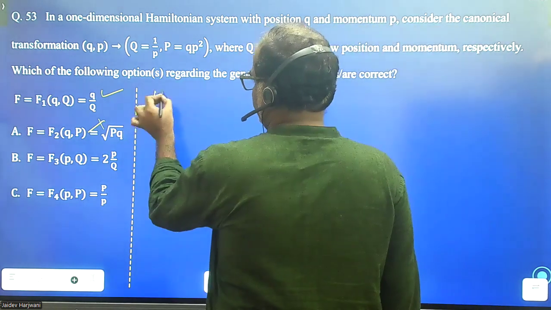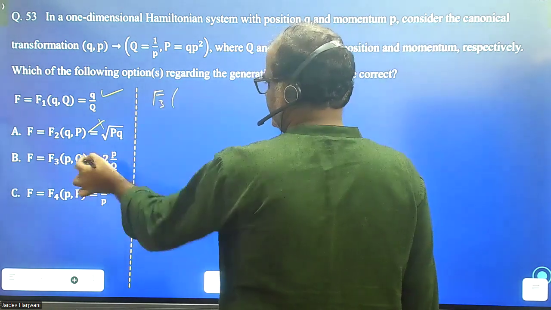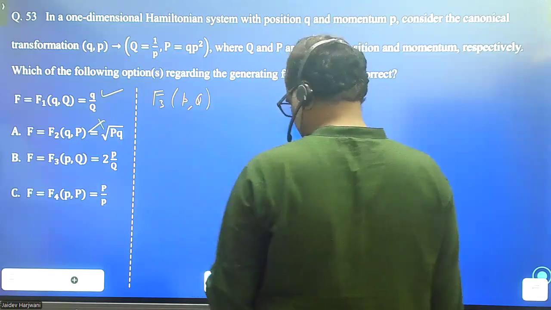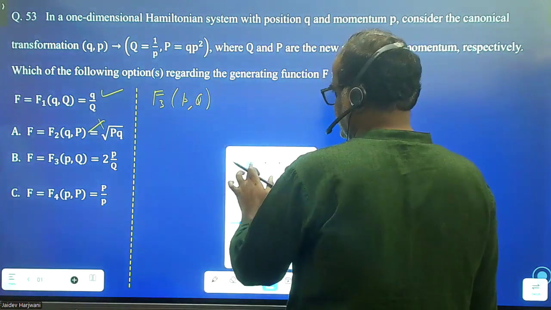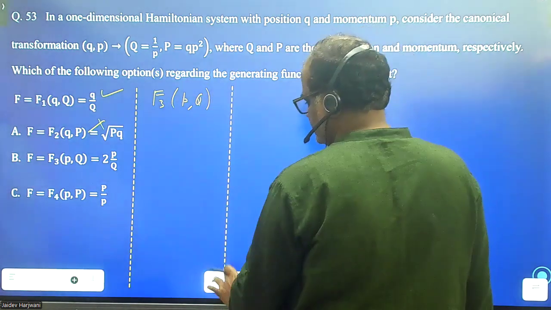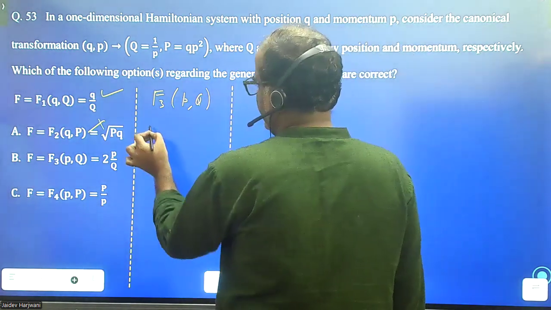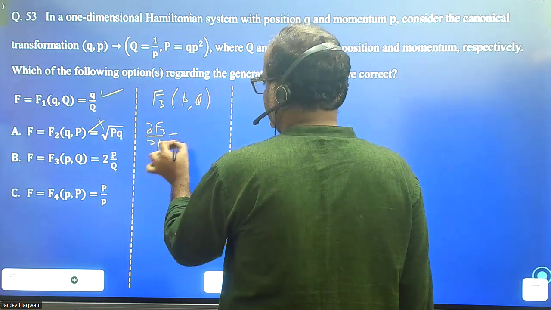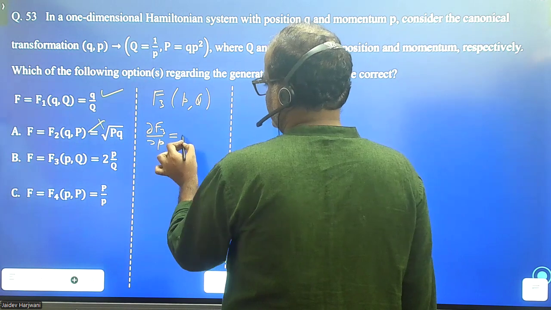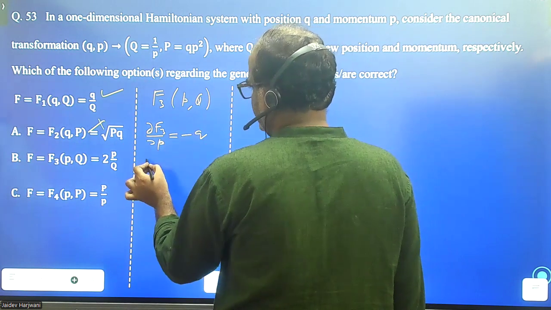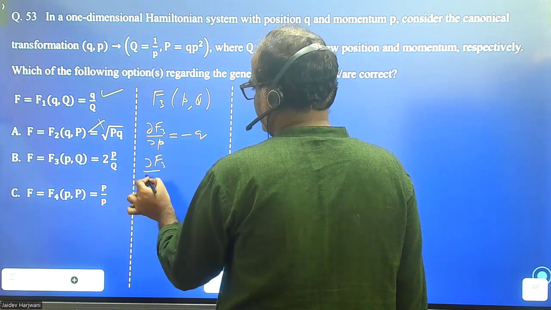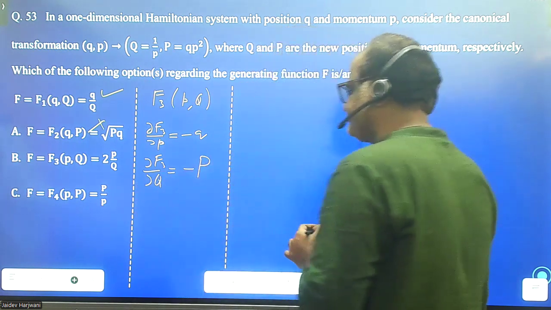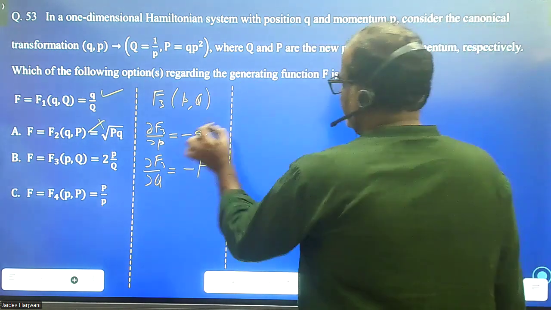So let us calculate F3. F3 is small p, capital Q. And if I use this one, if I take del F3 upon del small p, that should be equal to minus Q, and del F3 upon del capital Q should be minus P, capital P. Now let me find F3.